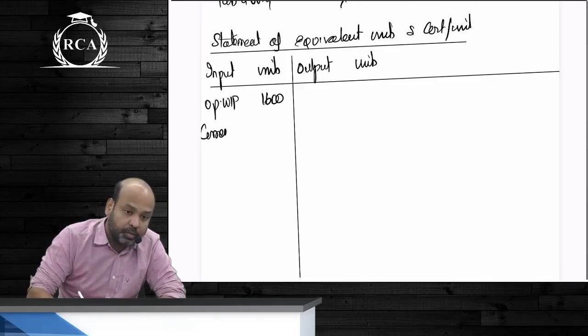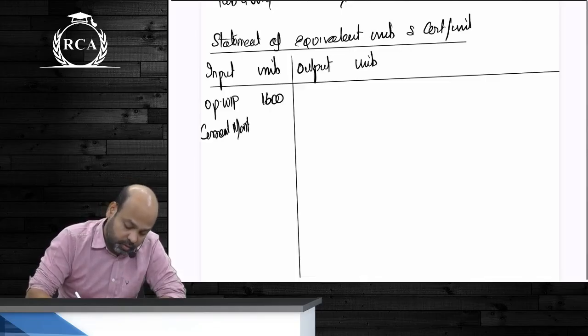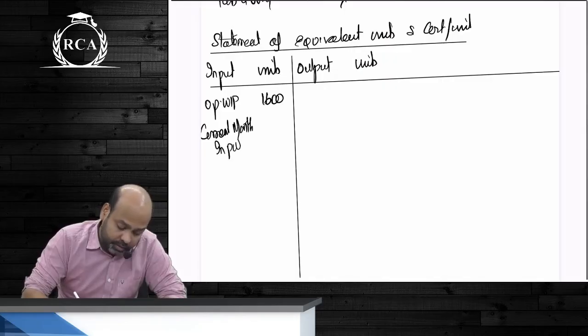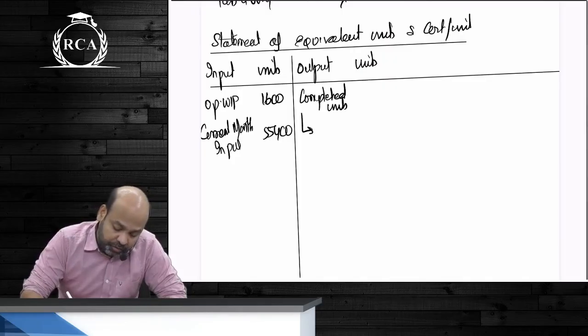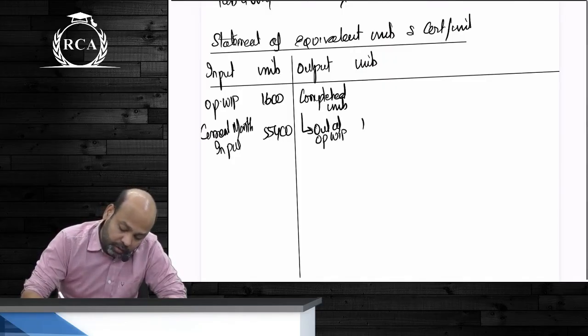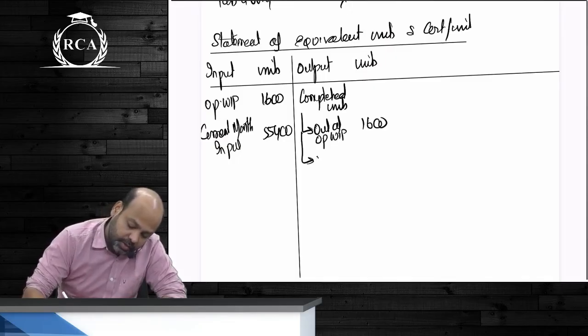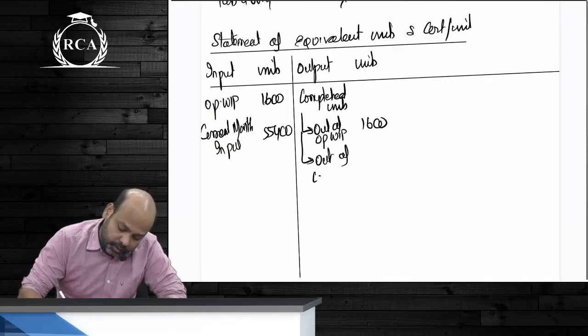Current month input is 55,400. Completed units will have to be segregated into two parts, guys. How much is out of opening work in progress? Out of opening work in progress you have 1,600 and then out of current month input it is 50,600.